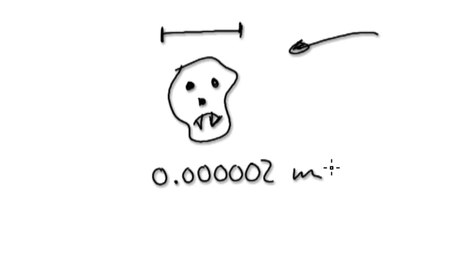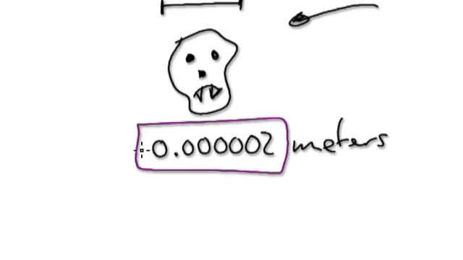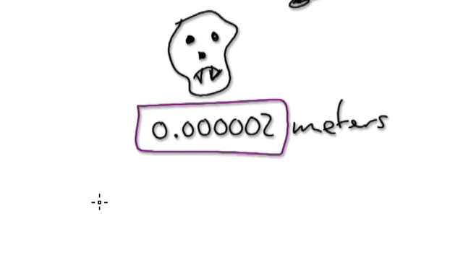0.00002 meters. So here, rather than writing this number, we can turn it into standard form. Now, in standard form, we have to have a number a here that can be 1 or above, but less than 10. So I'm going to use 2 here.